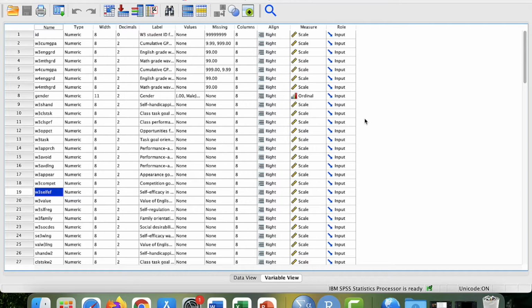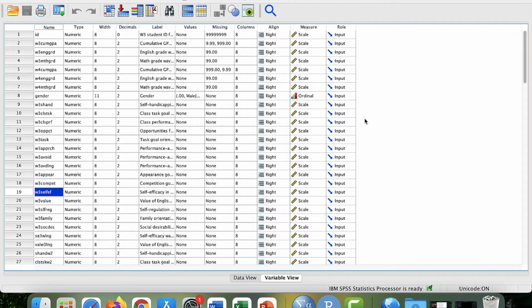So a Kruskal-Wallis will let you compare multiple independent groups on a dependent variable. It's analogous to a one-way ANOVA, and it is appropriate to use when you've got multiple independent groups that you want to compare on a single dependent variable, and the dependent variable might be skewed or in some way not form a normal distribution.